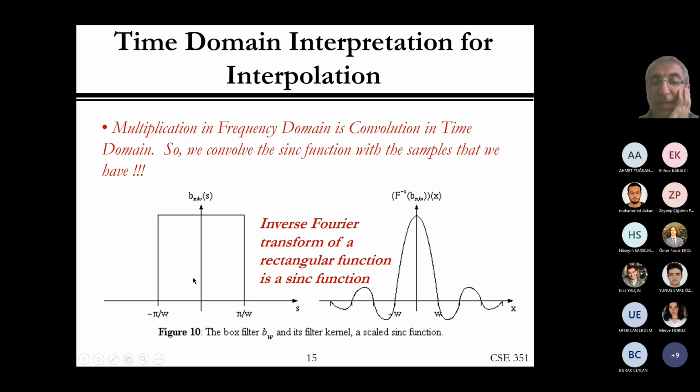That was the filter that we multiply with the multiple copies to extract the central copy and get rid of the other adjacent copies. So that's how we reconstruct. But this corresponds to the convolution of this sinc function, which has side lobes, with the samples, as if you are passing through this pulse train to fill out the gaps between two discrete values.